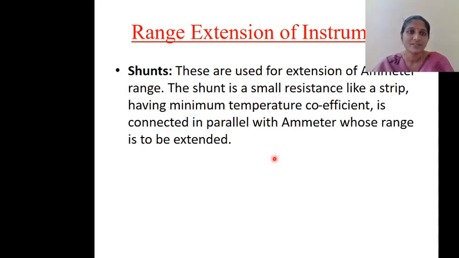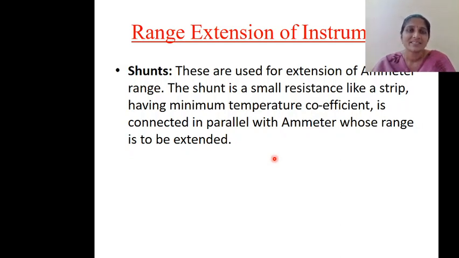You have the rating of 0 to 2 amperes, but you need to use that ammeter for 0 to 10 amperes reading. So you need to extend the range of the instrument. You can do it by the following method. Range extension of instruments means you can extend the range of ammeter and voltmeter.